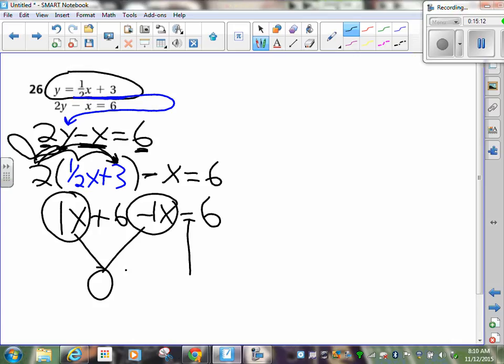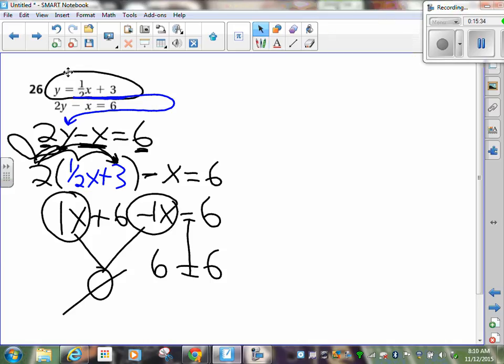And I don't need it there, I can just cross that out. It's not really there. What am I left with? 6 equals 6. What happened? What did I get rid of? The x. And the 0 is not there. The 0 is gone. The x is gone, so what are we left with?